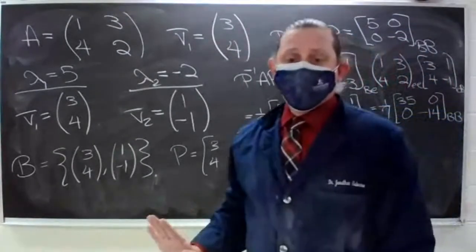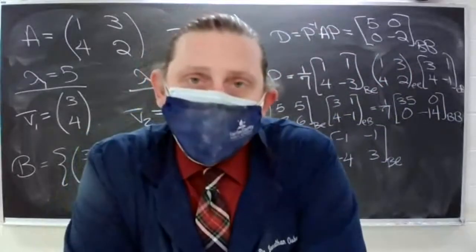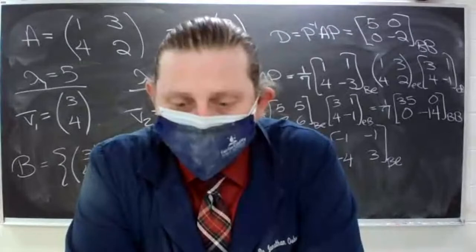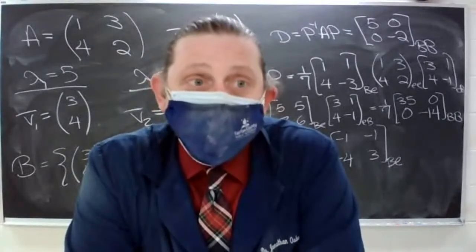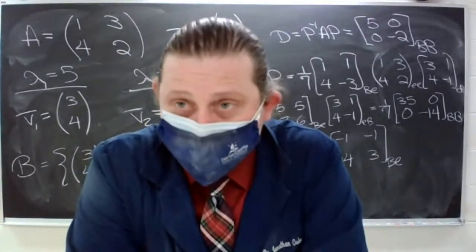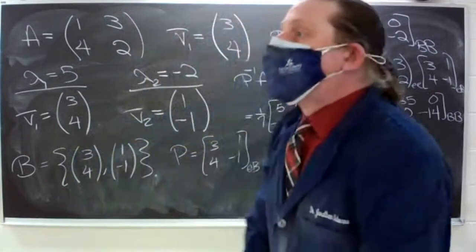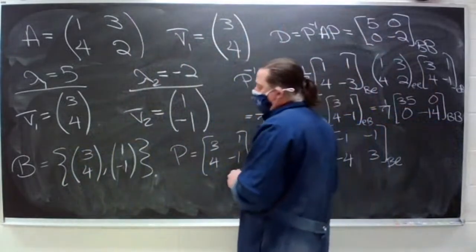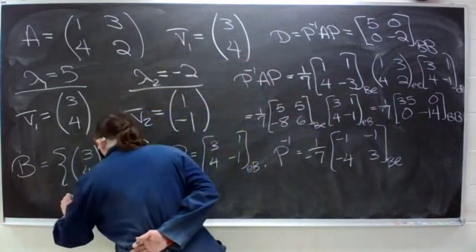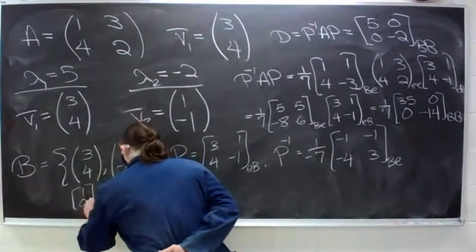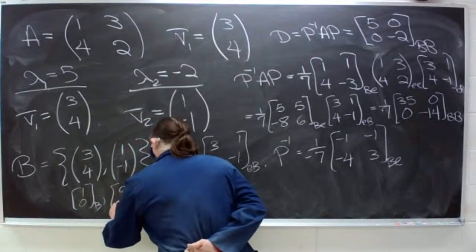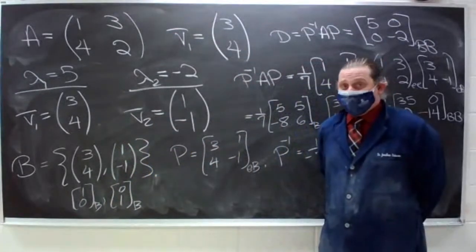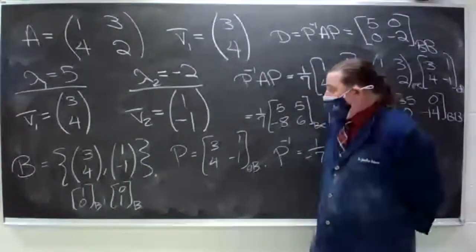All right? Now, what are the chances that this was just an accident? Zero is the chance that this is just an accident. Let's look at what these vectors look like in the B basis. They're just 1, 0, 0, 1.